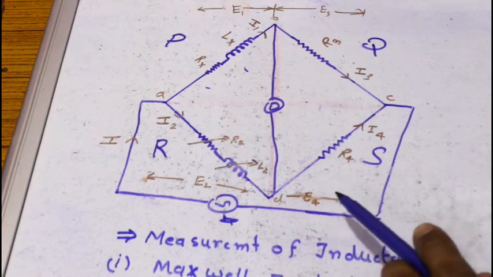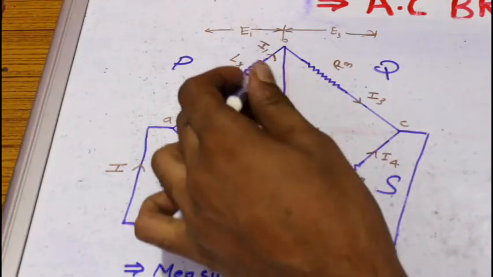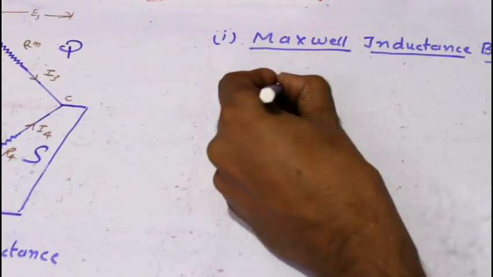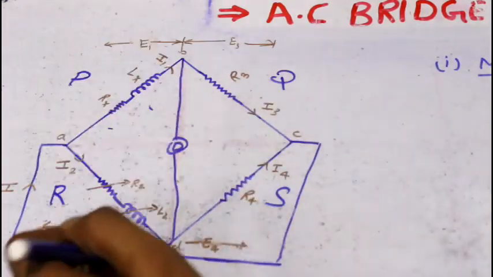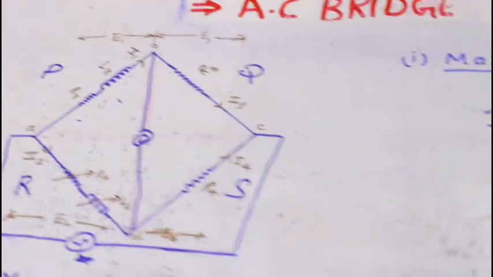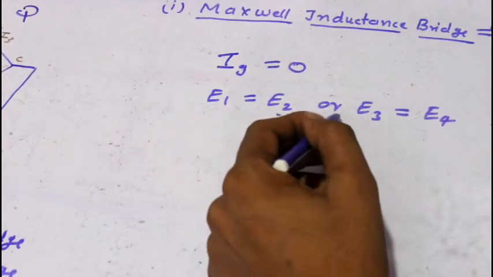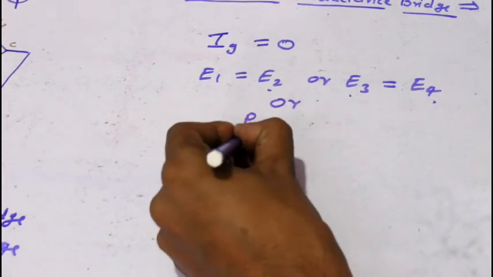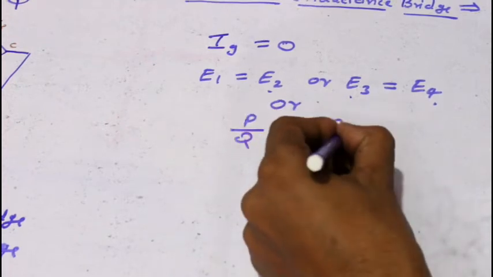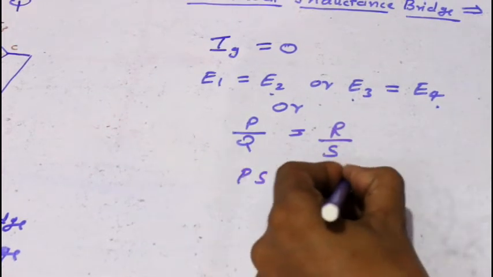Now we have to balance this circuit. We know the balancing condition of this bridge: the current through the detector Ig is equal to 0. That means E1 is equal to E2 and E3 is equal to E4. P by Q is equal to R by S, so PS is equal to QR.